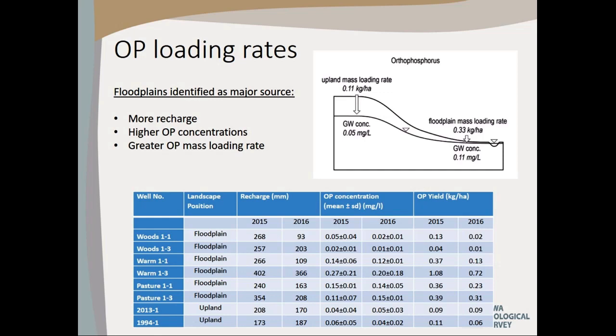The floodplain groundwater concentrations averaged, again, 0.11 milligram per liter, but we had about 3 times as much recharge. So we had a lot of concentrated recharge occurring in the floodplain, generating, with these higher concentrations, perhaps higher loading rates associated with the floodplain. Kind of consistent with what we've seen before, we do see a lot greater recharge occurring on floodplain areas compared to other landscape positions.